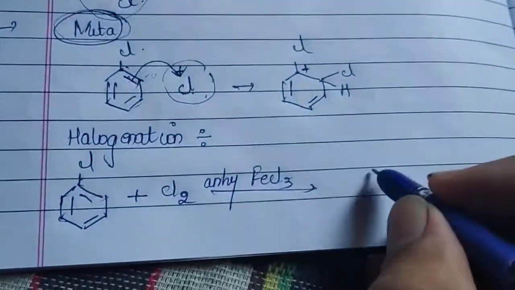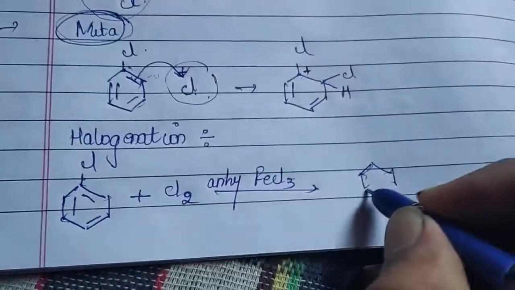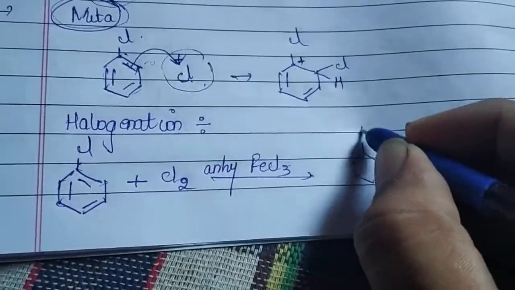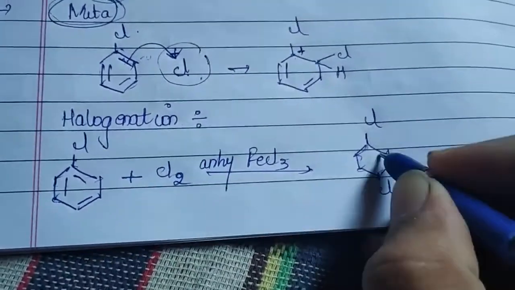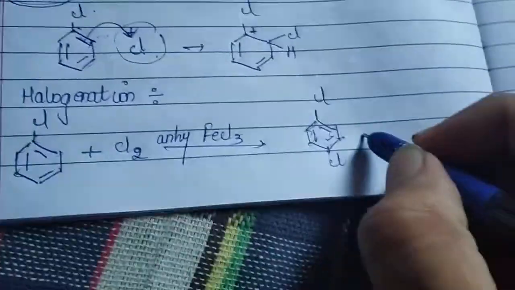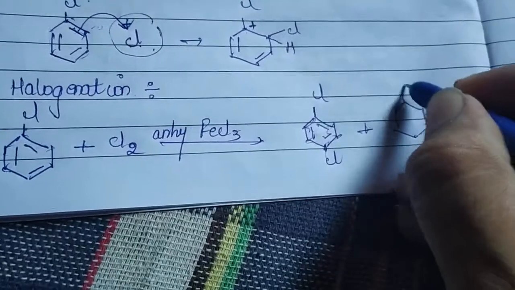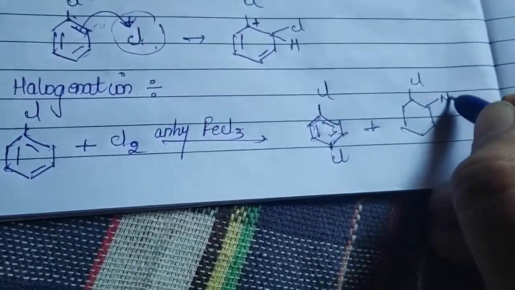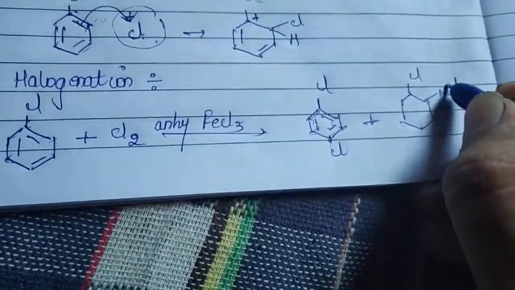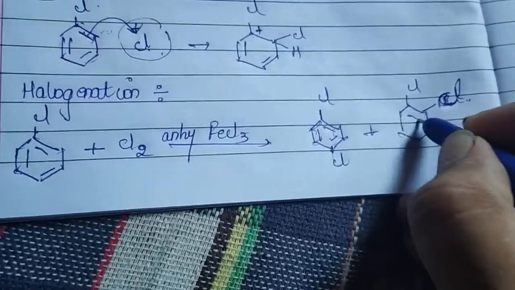So what am I going to get? I am going to get two products. One will be my para, which will be the major, plus another will be the minor. This is my Cl, and one more Cl in the ortho position.